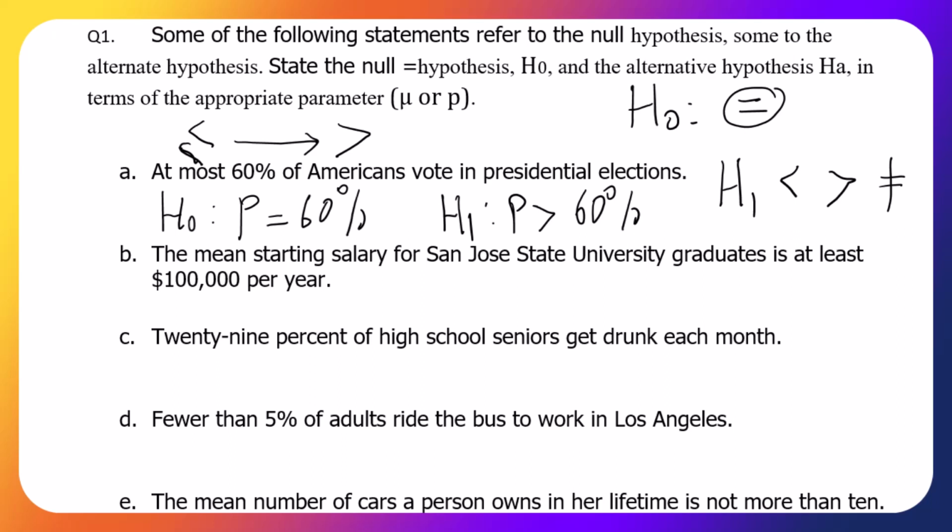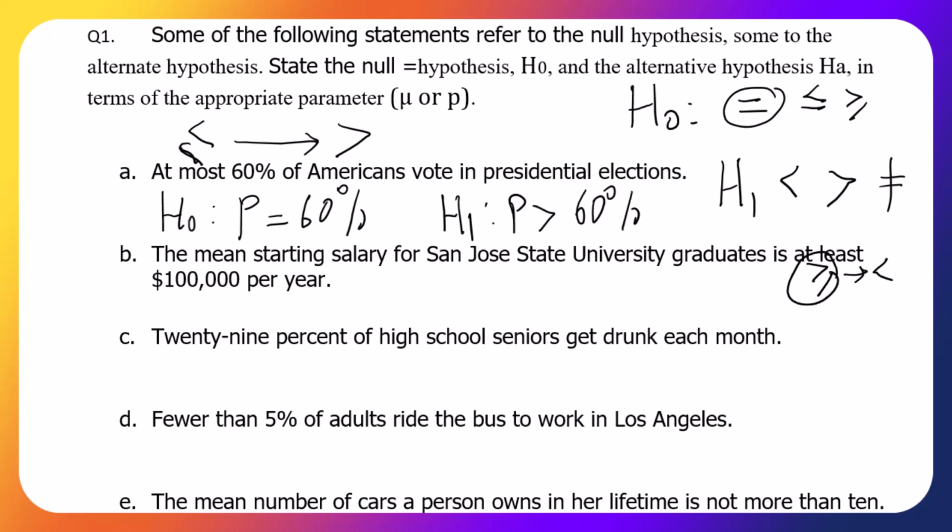So if you end up with a statement of less than or equal to, or greater than or equal to, you replace all of them with the equal sign. B, the mean starting salary for San Jose State University graduates is at least 100,000. At least, guys, means greater than or equal. And the opposite to this one will be a less than.